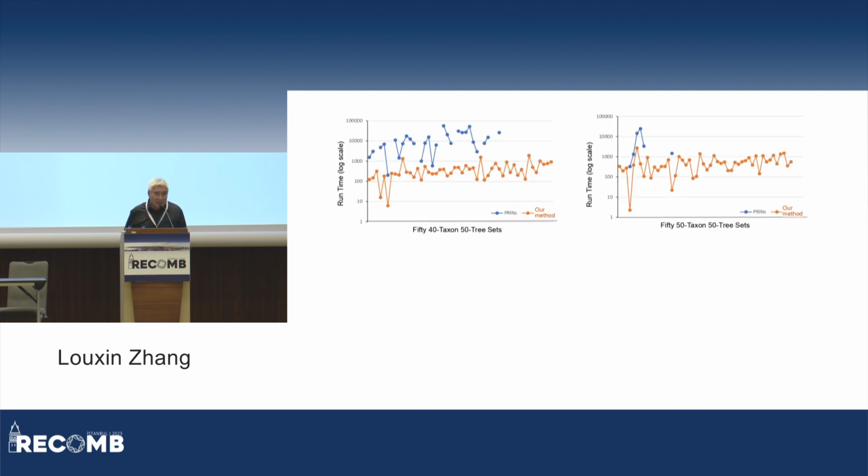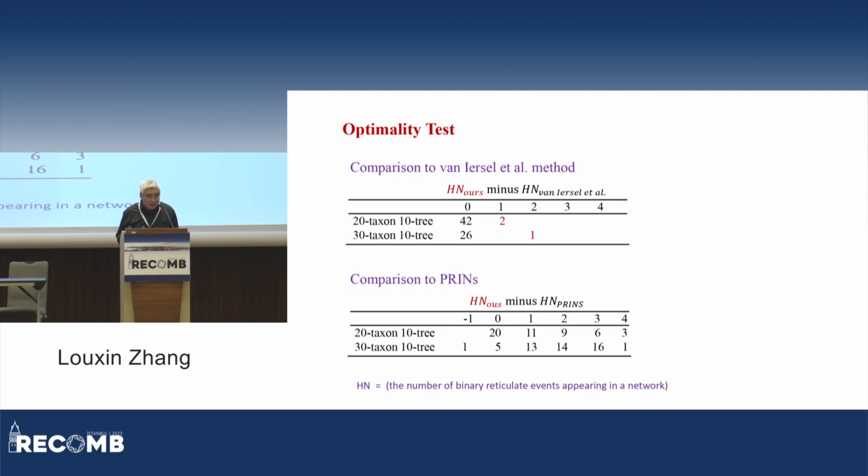For the large tree sets, one program could not finish within 1 day. The Prince can finish on some data sets. Our method can finish in a short time, from less than 1 minute to 20 minutes, for these large data sets.